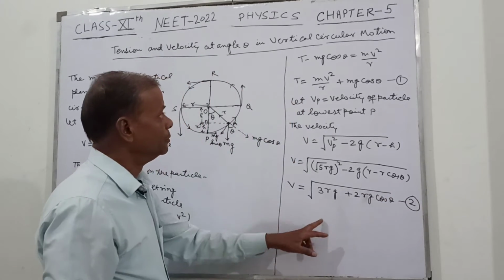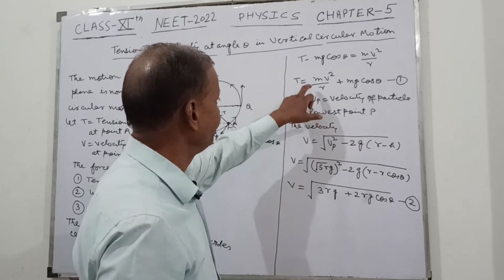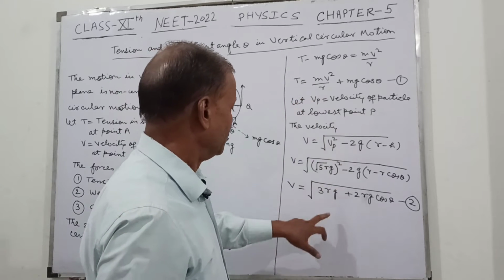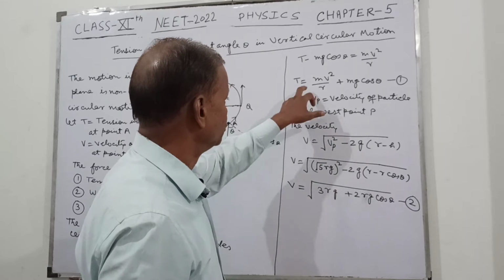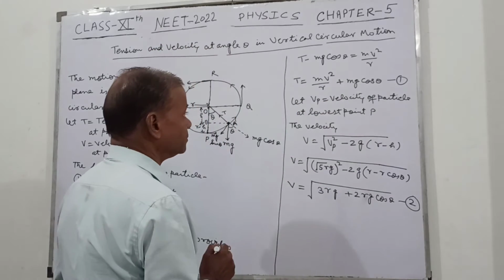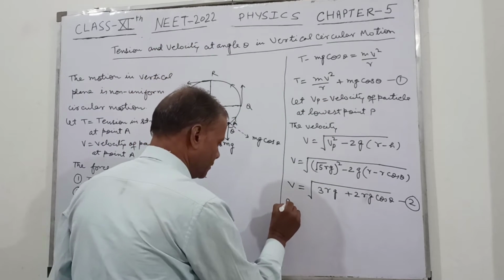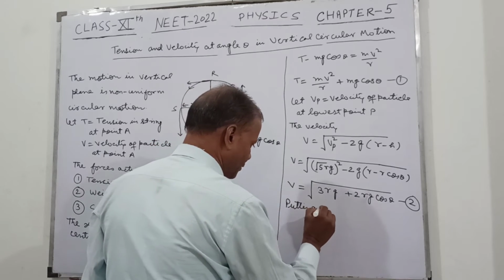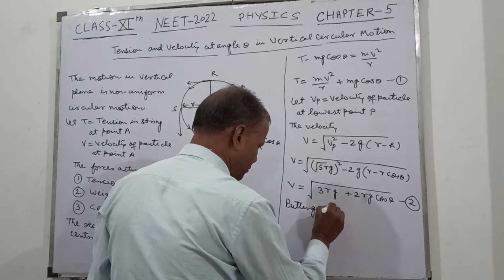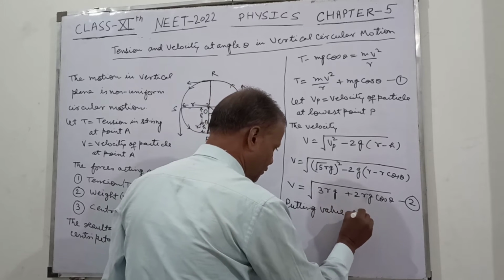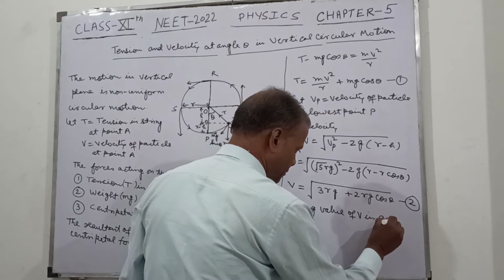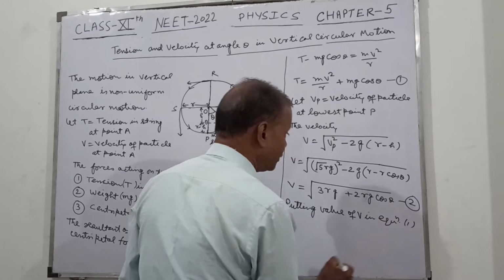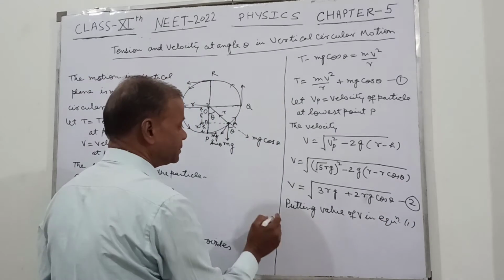Then we will put the value of v from this one, so we will get another expression. Putting the value of v in equation 1, what do we get?